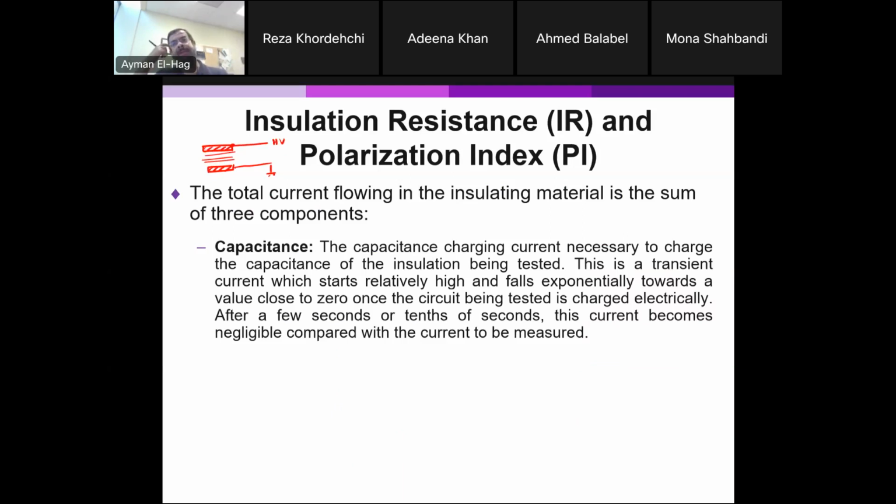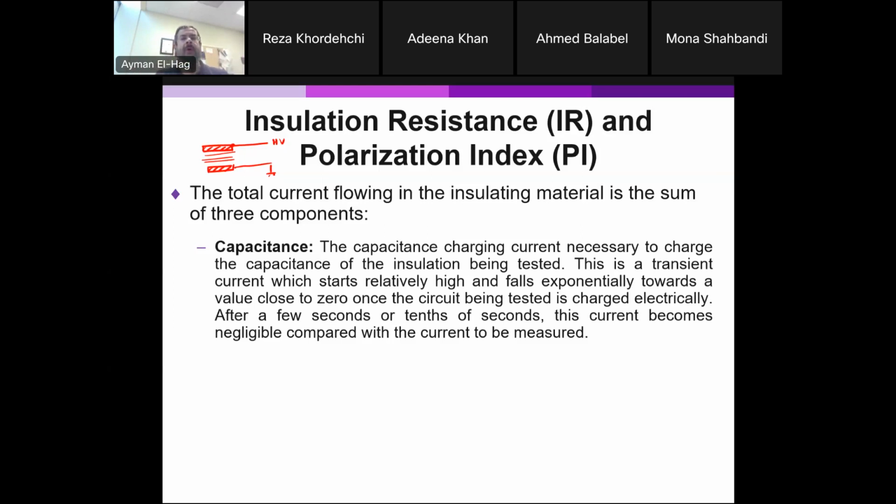And going back to the circuit theory, when you connect the high voltage DC to a capacitor, it starts as a short circuit and then evolves into an open circuit. So that is from simple circuit theory. When you start charging a capacitor, it starts as a short circuit, which means you will have a spike, a very high current to start with, and then this current starts to die until it becomes zero when your capacitor is fully charged.